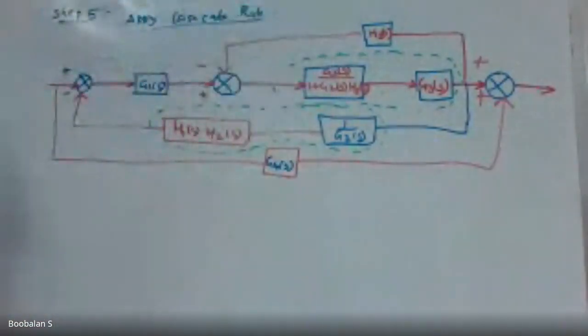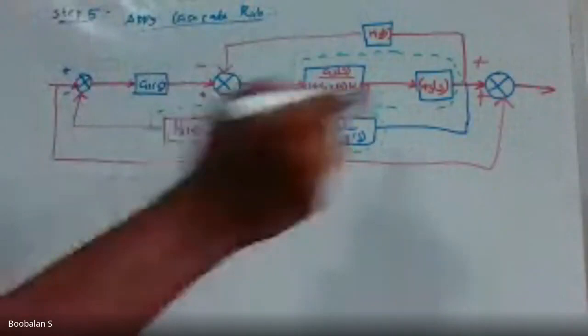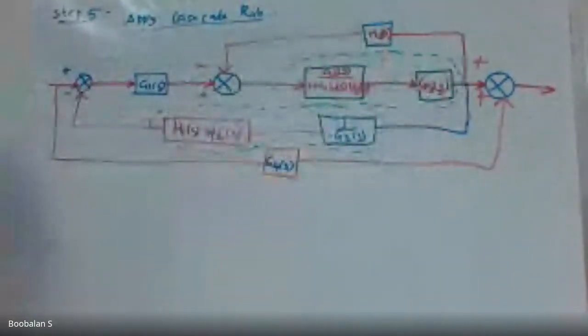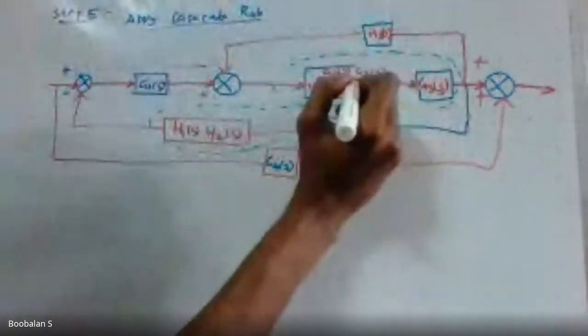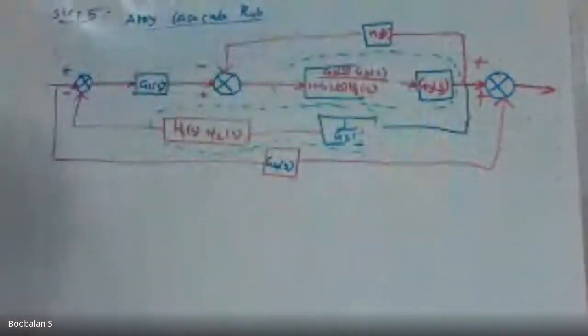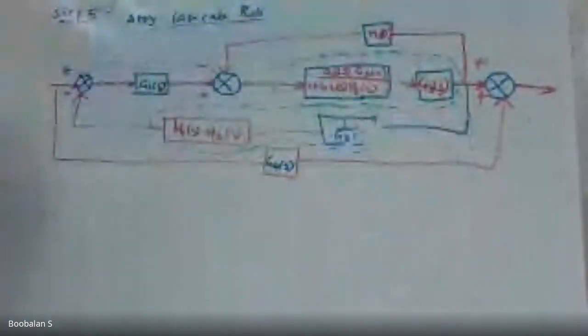Now what happens when we apply it? This G3 multiplies in the numerator, and this G3 adds in the denominator. That's all, right? Now I'm just going to add this G3 over here. G3 of s is added in the numerator, and the rest remains the same. If I'm making some mistakes, just tell me if I went wrong somewhere. Just stop me somewhere and ask a question. Otherwise, just go ahead.